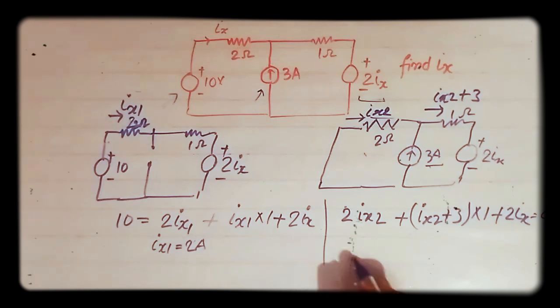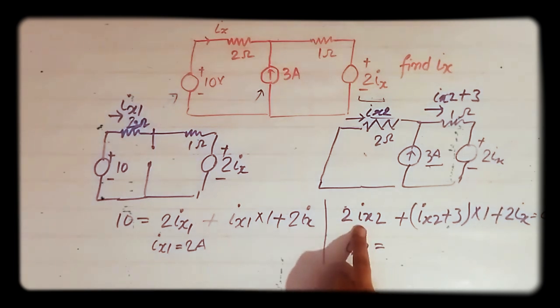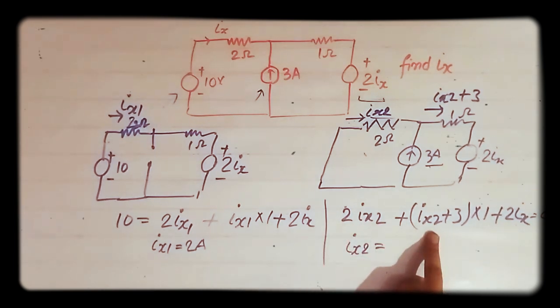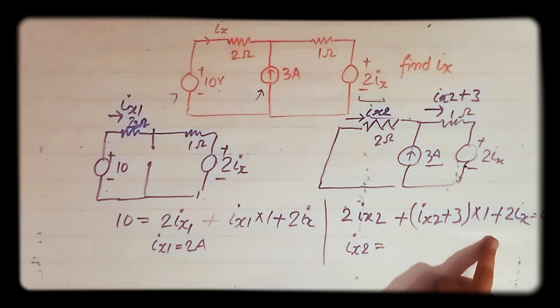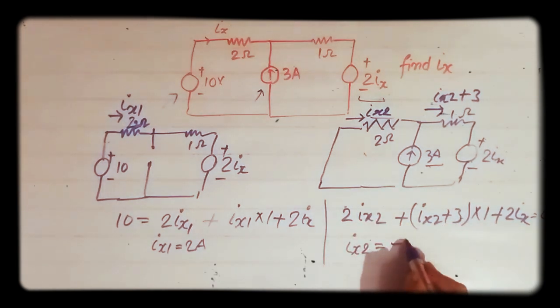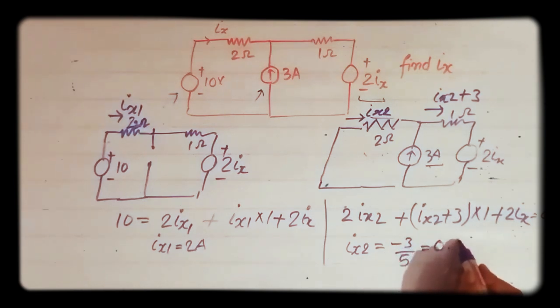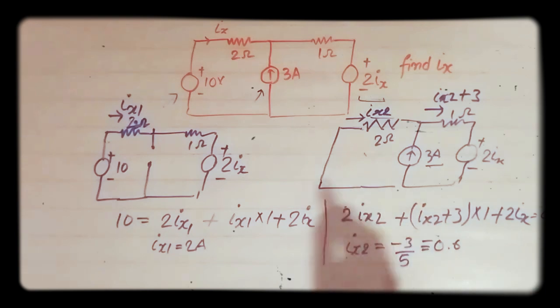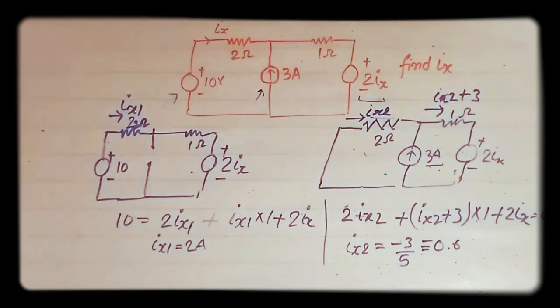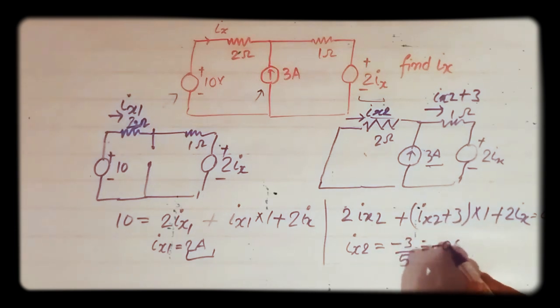On solving this I get 2ix2 plus 3 plus 2ix2 plus ix2, or 5ix2, equals minus 3, so ix2 equals minus 3 by 5, that is minus 0.6. So ix1 is 2 ampere and ix2 is minus 0.6.